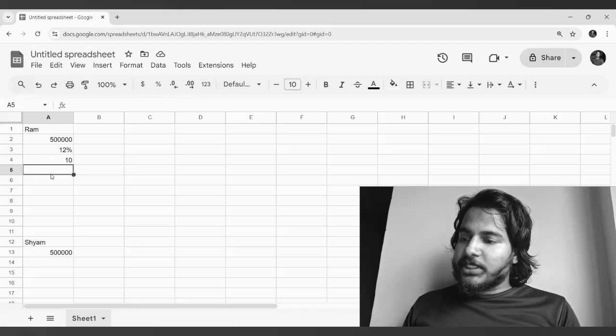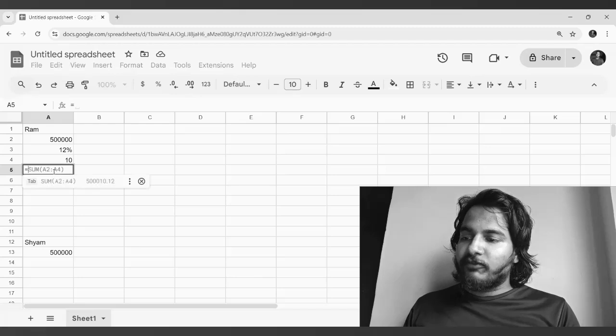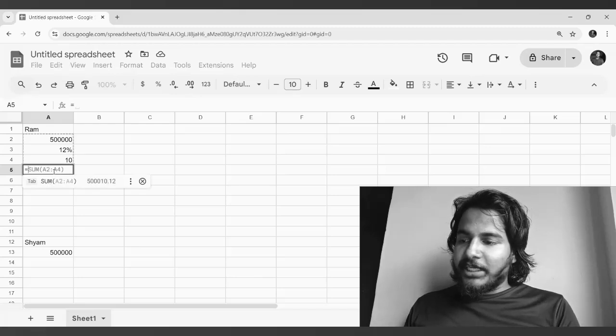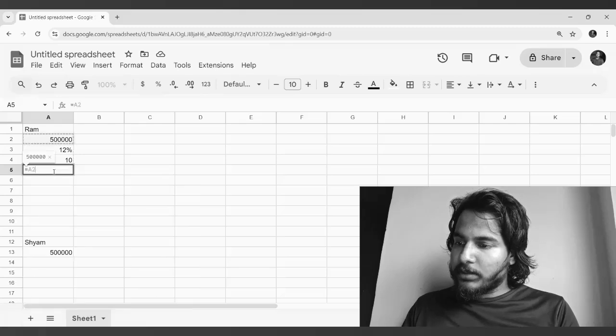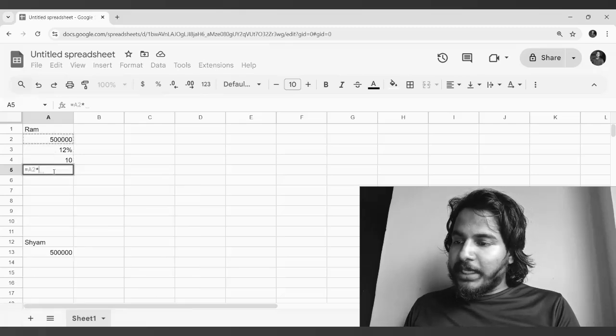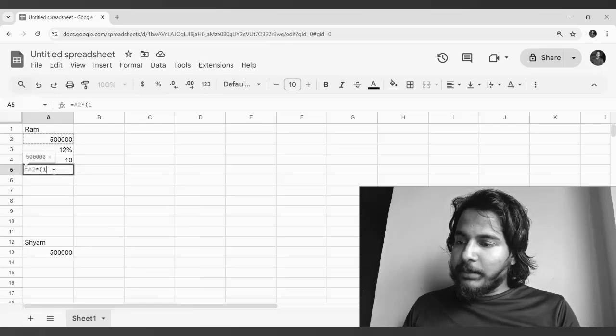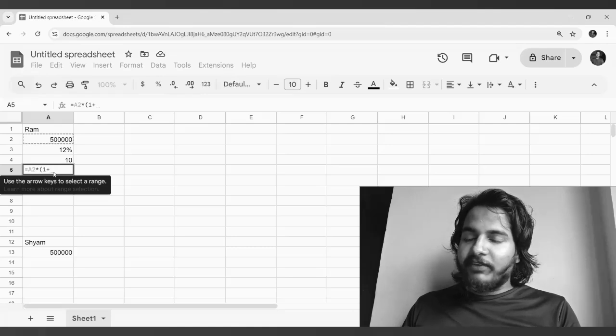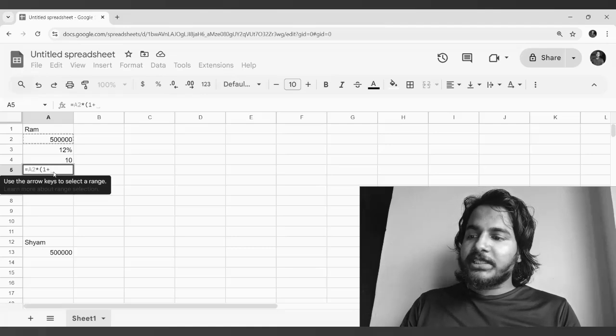So if he redeemed this value directly after 10 years, then what will be the final value here? The final value of his investment will be the original amount multiplied by 1 plus the interest rate, so that we have the previous value plus interest.